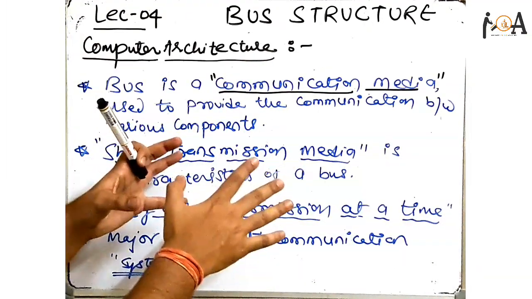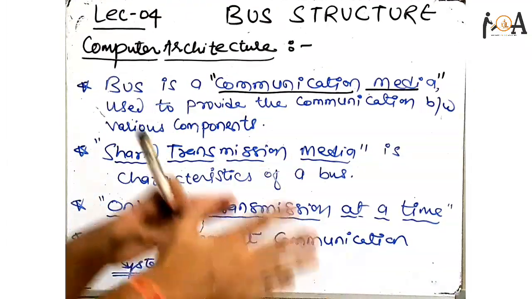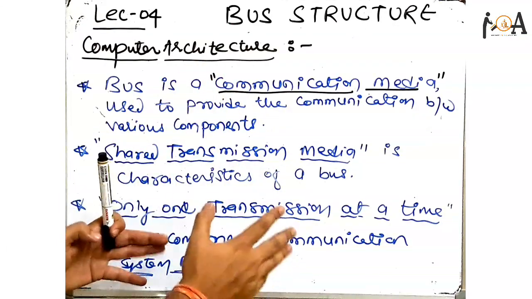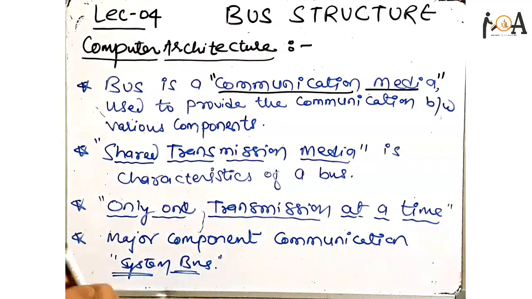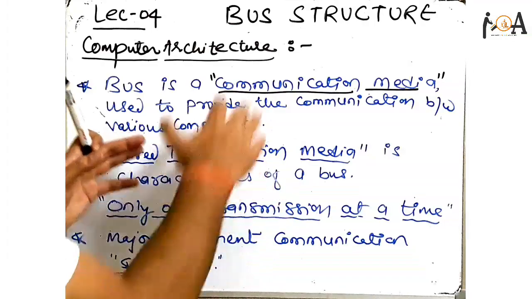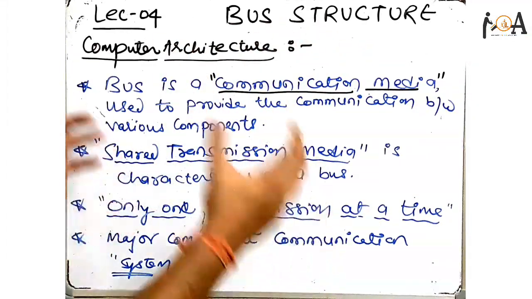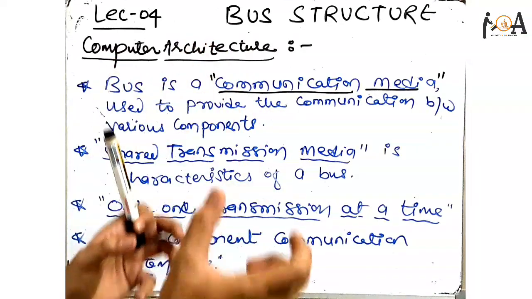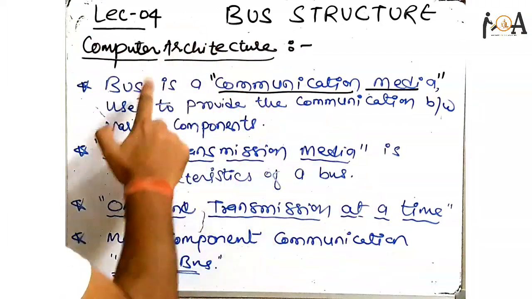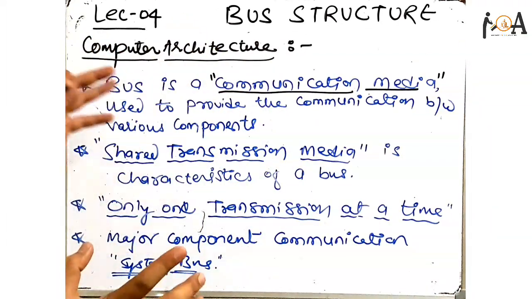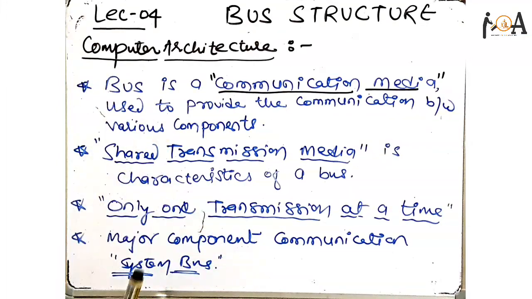We will discuss these things with the architecture also, but for a general discussion, to communicate between several components like input-output devices, memories, and CPU, we need a communication media, and this communication media is called a bus. I hope the concept of bus is clear.